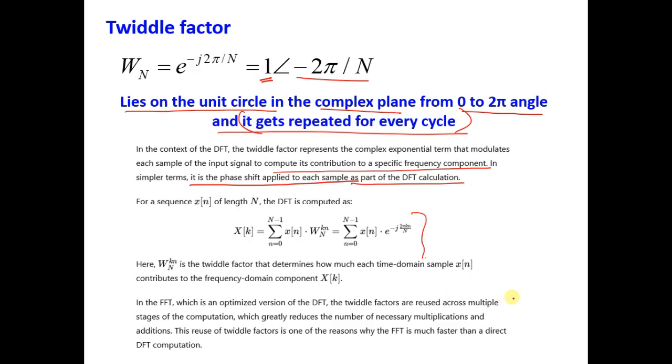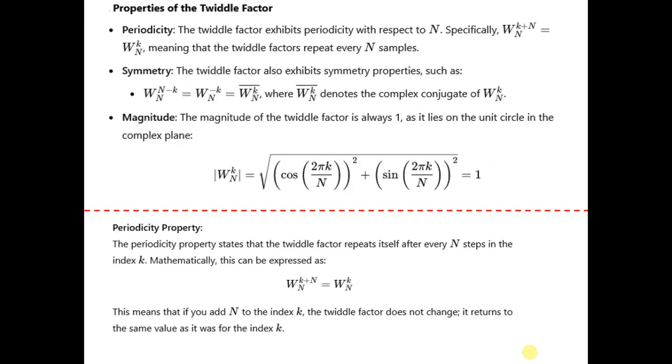The next one talks about the FFT. We will talk about FFT a bit later. So what are the properties of the twiddle factor? First, the periodicity, as I already told you just now. Why is this periodicity coming? You are going around a circular path, and after every 2 pi, when you move forward again, you will come across the same points.